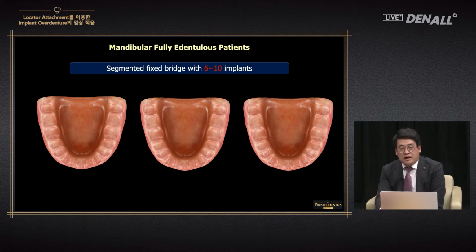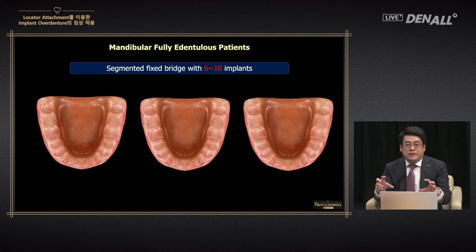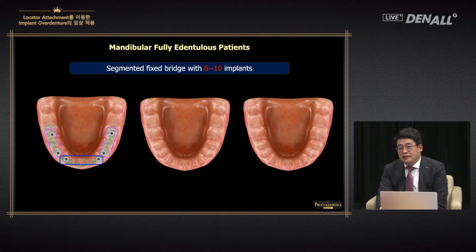At times, if inevitable, we can provide 1-piece abutment, but in terms of maintenance, it is better to provide them in 3 pieces. When we place 6 implants, from the anterior up to the first molar, prosthesis can be provided like this. So I prefer this. These options become available.